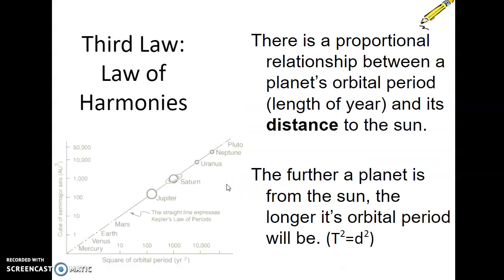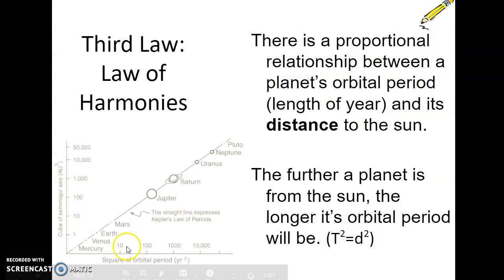So this is Kepler's last part of his law, the law of harmonies. The law of harmonies says that there is a proportional relationship between a planet's orbital period, which is the length of a year, and its distance to the sun. Another easy way to think about this is the further a planet is from the sun, the longer its orbital period will be.